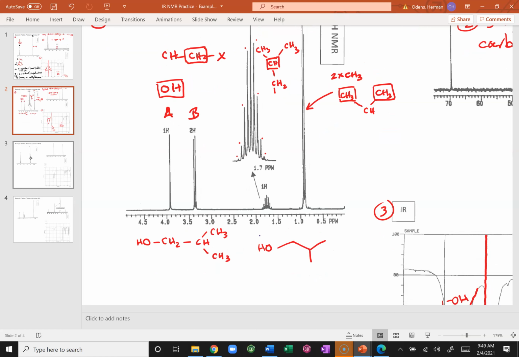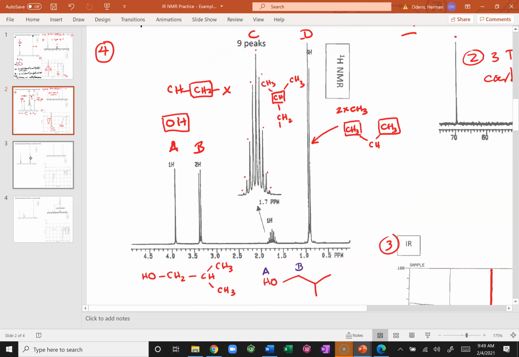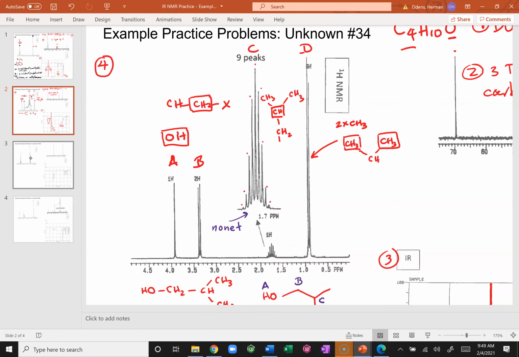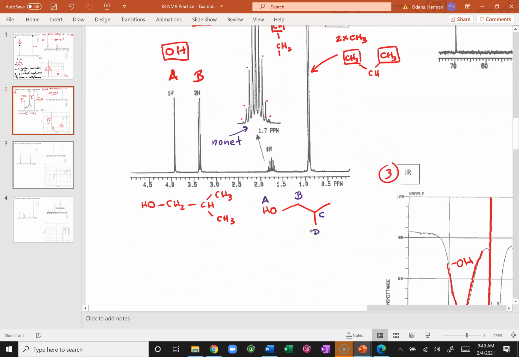And then this will be signal A. B is a CH2. C is that nonet. So there's 9 peaks, so it's a nonet. And then D will be your 2 methyl groups. 1 here and 1 here, and we're good. All right.